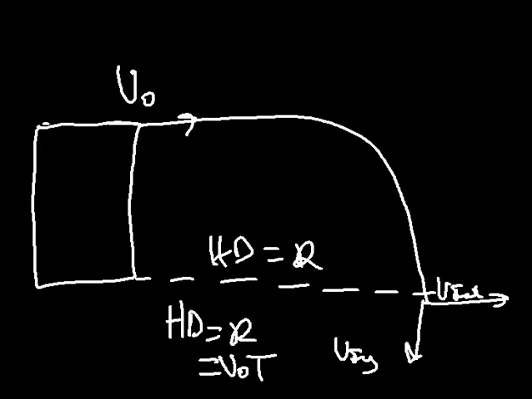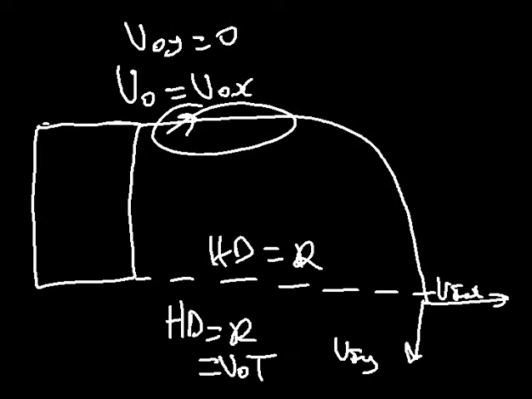In other words, the initial velocity along x is the same as the launch velocity along x, which is also the same as the final velocity along x as the object strikes the ground. And the initial velocity along y is zero because the object is horizontally released. Let's say this is the height of the building.